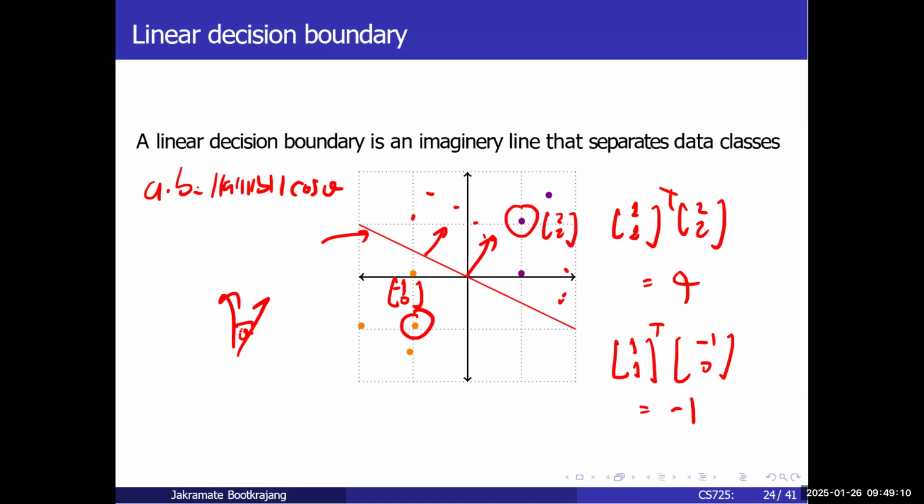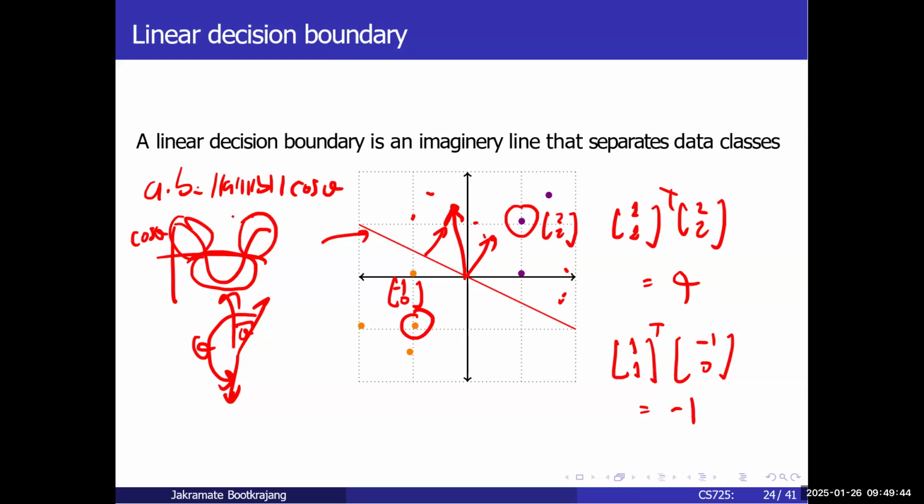For a small angle, if the point is pointing in about the same direction, you will get a positive sign. If it's a very big angle, you will get a negative number. In the cosine curve, you would have something like this: you have the negative, and then you have the positive.